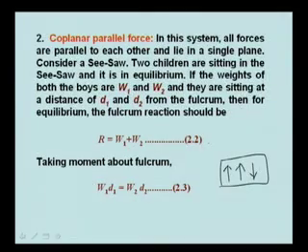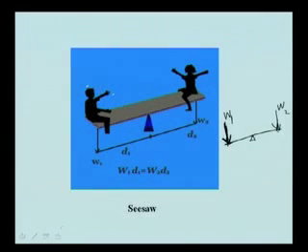Now, if you take the moment about the fulcrum, W1 into D1 is equal to W2 into D2. This must also be satisfied, otherwise the seesaw will not be in equilibrium. Therefore, this is the condition: W1 D1 equals W2 D2.